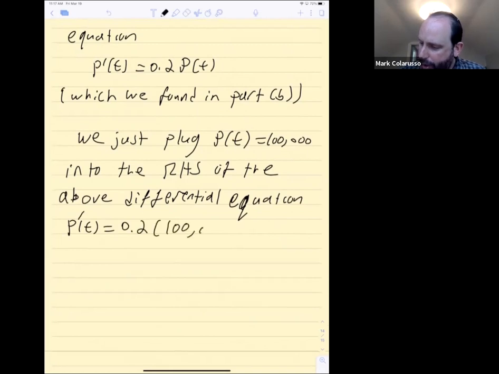times 100,000, and 0.2 is 1/5, so it's 1/5 of 100,000, which is 20,000. And we should have units of cells per hour.